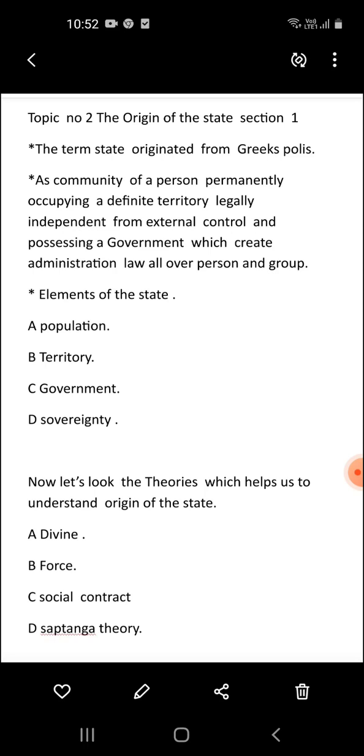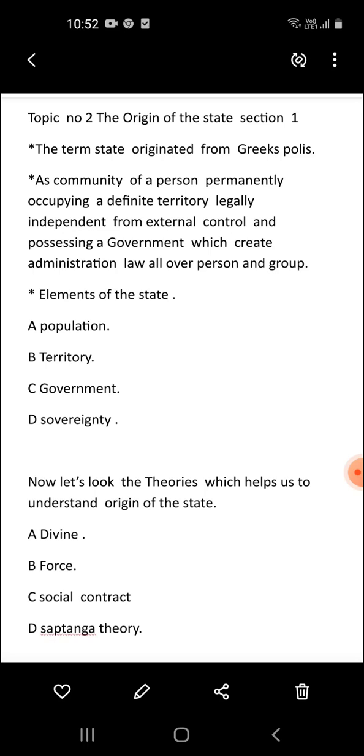According to them, the study of politics includes everything, like the study of men, morality, and so on. So this is all about how politics originated, and due to politics, society came into existence. Due to that, political institutions came into existence, and after that, the state came into existence.